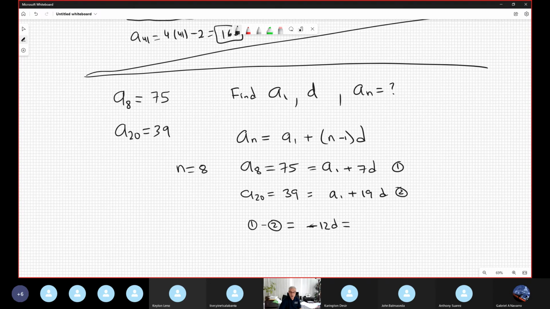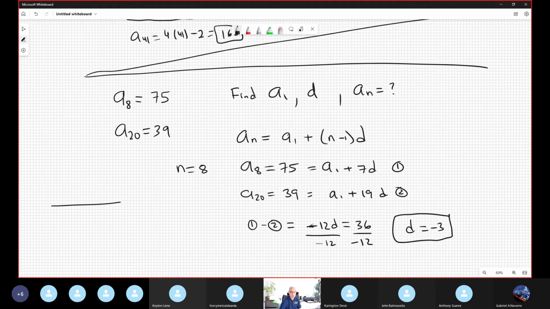It's equal to 75 minus 39, which is 36, right? Now divide by negative 12 on both sides. It's obvious that d is negative 3, as suspected, the common difference is negative. That is the reason the sequence is decreasing.